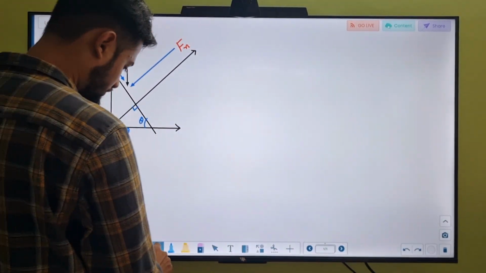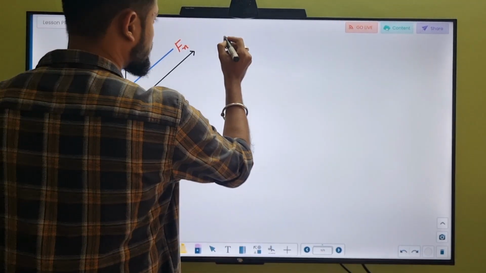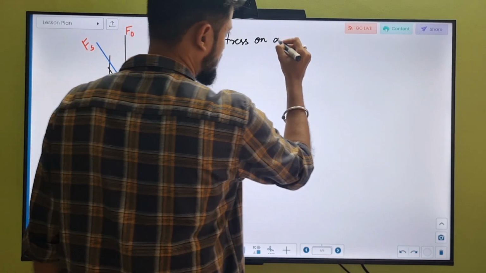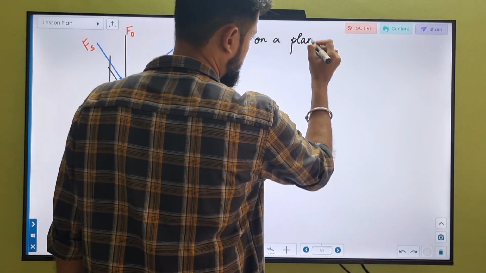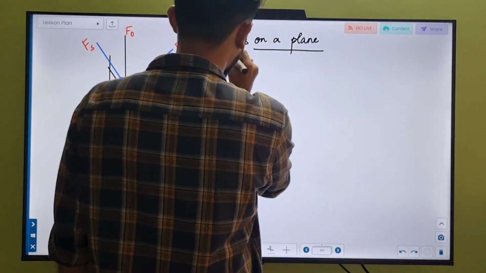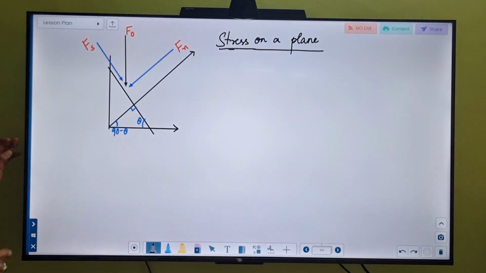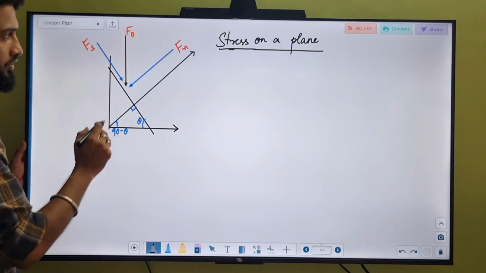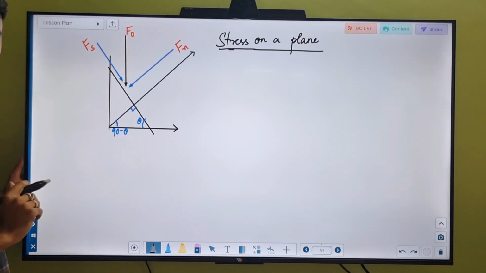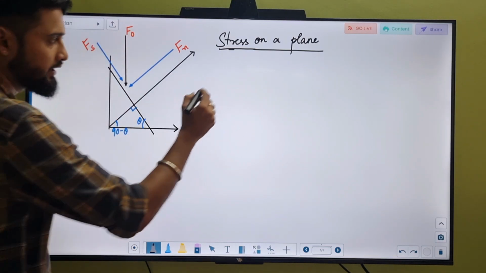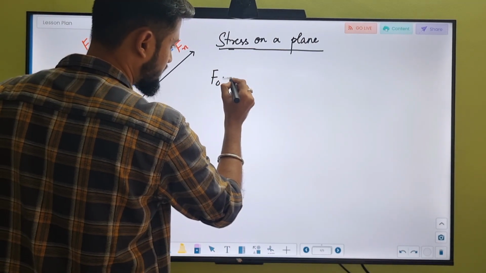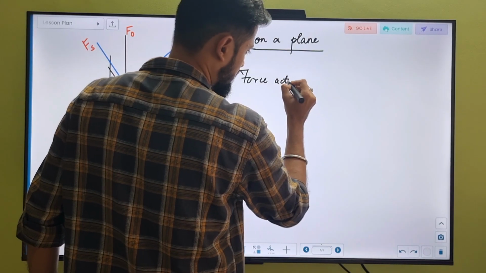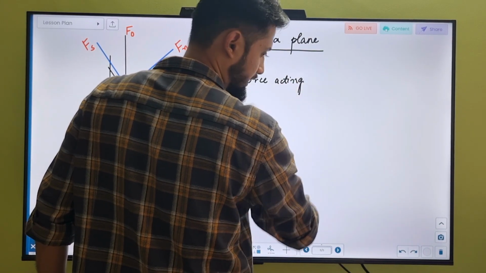Now here we'll discuss stress on a plane. Here you can see a right angle triangle wherein there is one force acting upon it, that is F naught. Here we'll write F naught is the force acting.